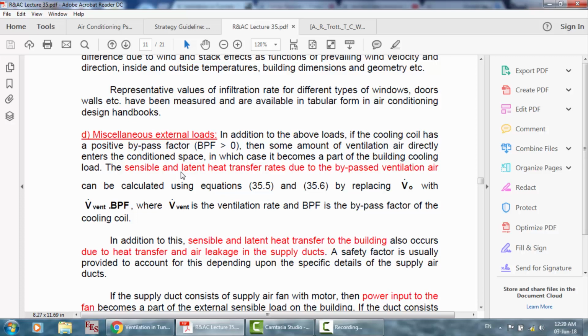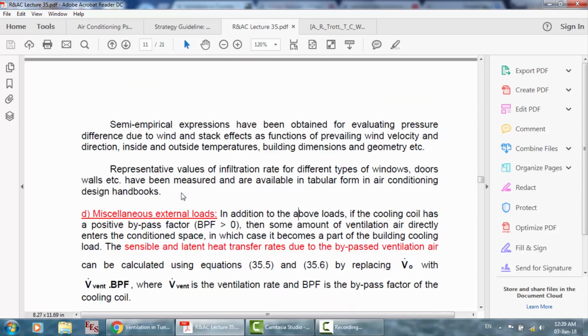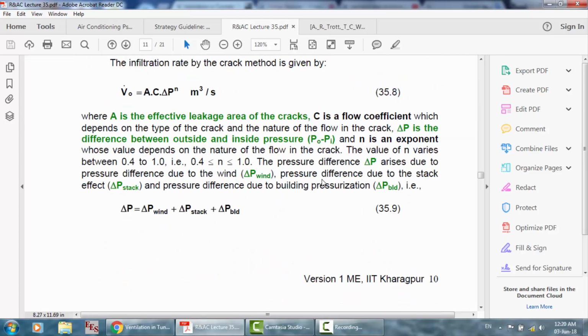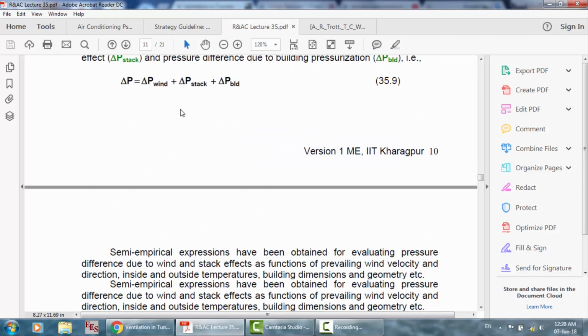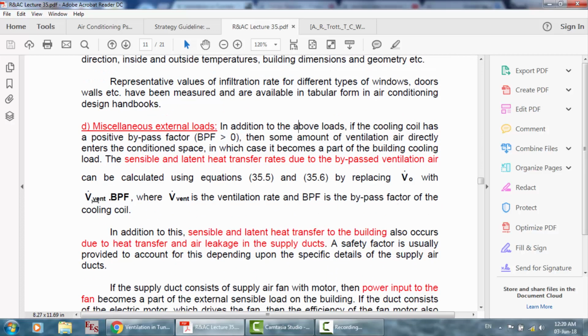The sensible and latent heat transfer rates due to the bypassed ventilation air can be calculated using equations 35.5 and 35.6, by replacing V dot with V dot vent multiplied by the bypass factor, where V dot vent is the ventilation rate and BPF is the bypass factor of the cooling coil.